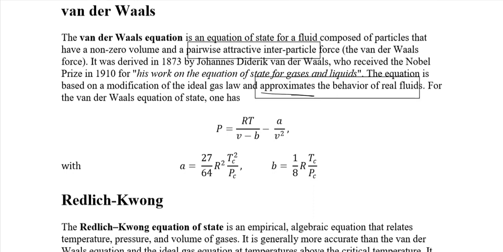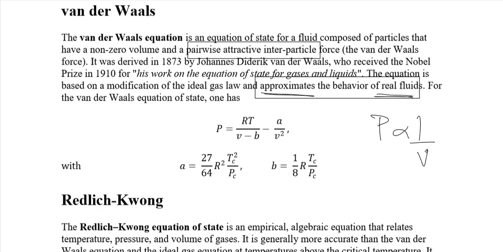Make sure to note the word approximate, but yes, we are talking about real fluids now. As I said, with pairwise attraction or repulsion forces between the particles, we deviate from Boyle's law.